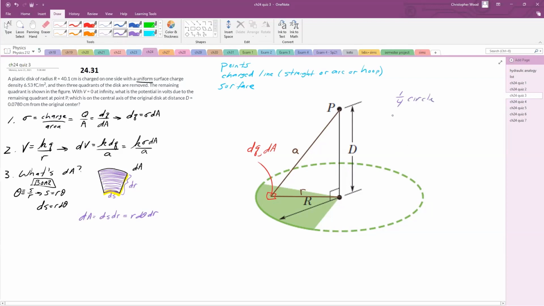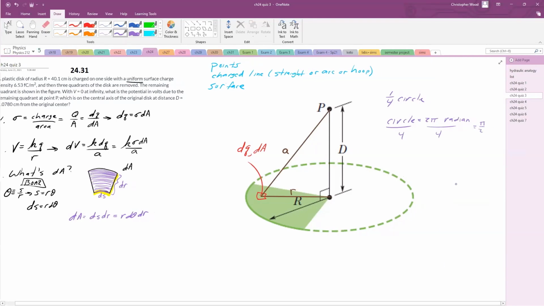Well, I'm remembering a circle is equal to 2 pi radians. So if one circle is 2 pi radians, then a quarter circle is going to equal pi over 2 radians. You might have seen that right away, but I just don't want to assume anything.